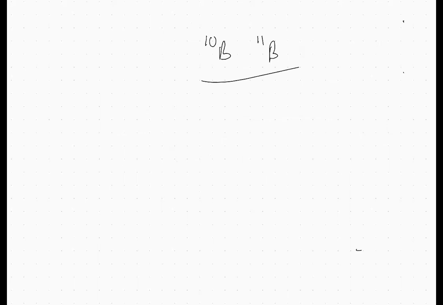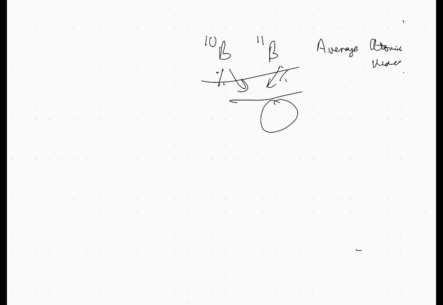One of the borons is in more abundance than the other, because the average atomic mass is given by getting the mass of this, the mass of that, and the percentage of each. When you add them together, you get the average. So the average atomic mass is closer to the one that is in abundance.